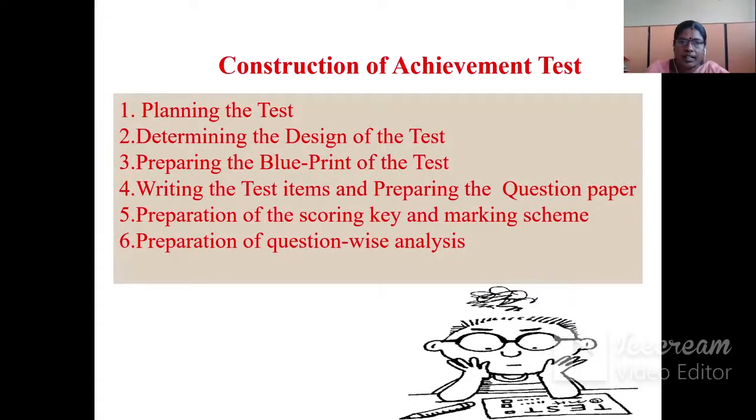So next is construction of an achievement test. One is planning the test. Here, in this part, we have to determine the maximum time and maximum marks. For example, a 1 hour test, or a 15 minute test, or a 30 minute test, and maximum marks 50 or 100 marks, whatever you have to design, in a well planned and systematic manner.